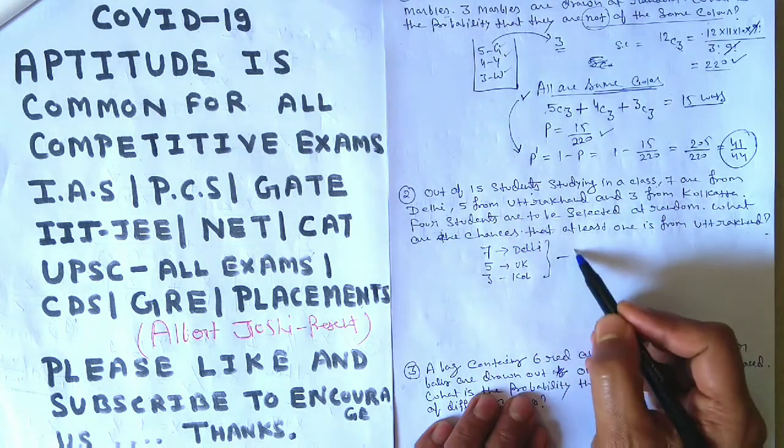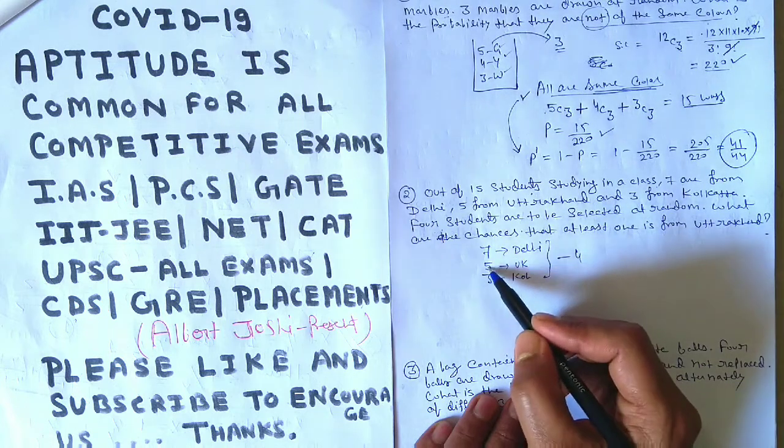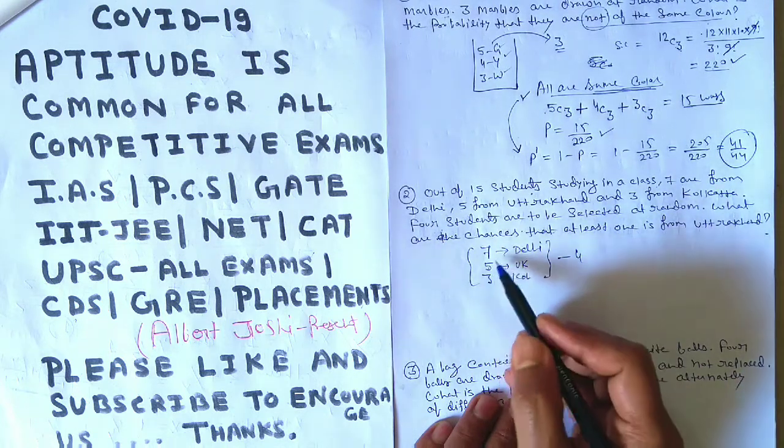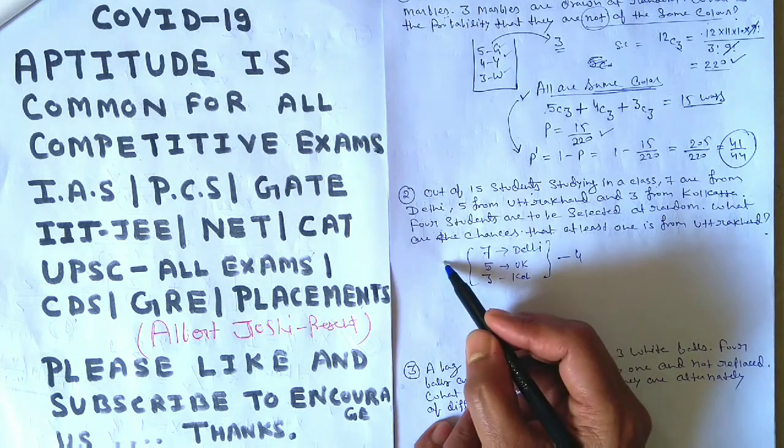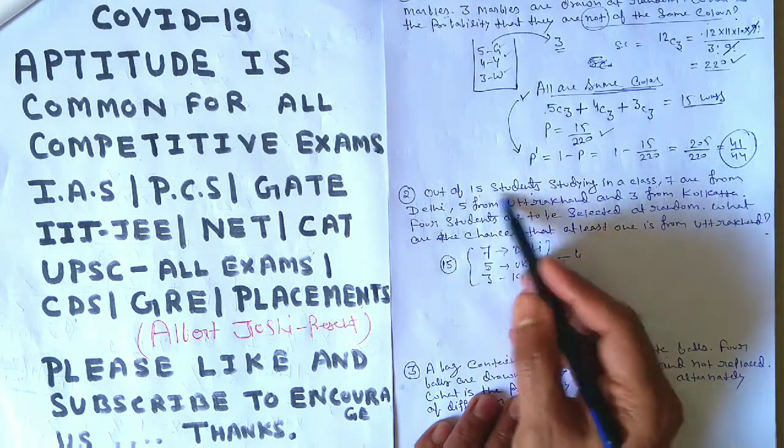We have selected 4 students out of 7 plus 5 plus 3. How many students are here? 15 students. He has already given us.